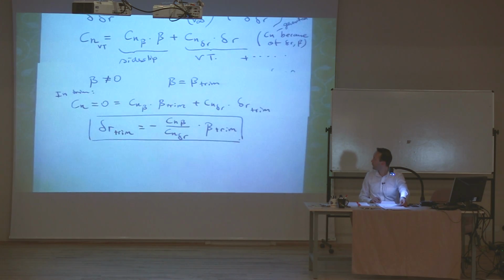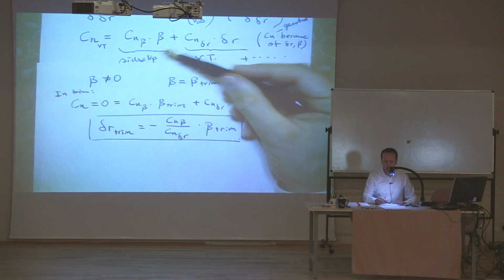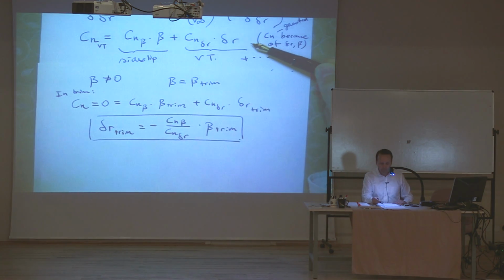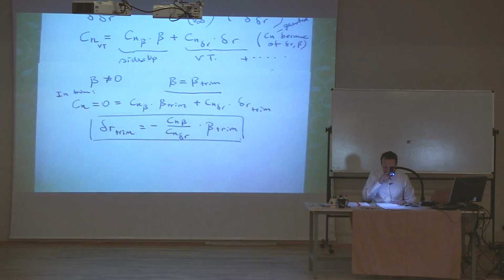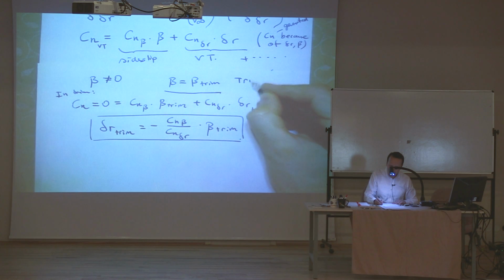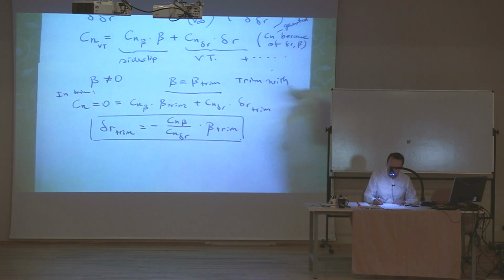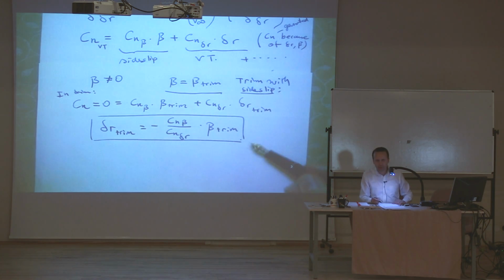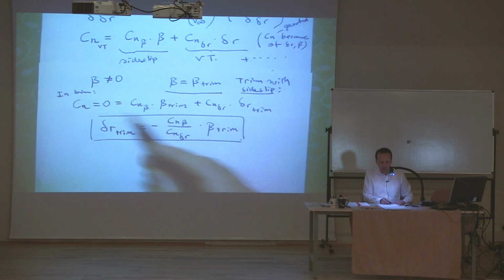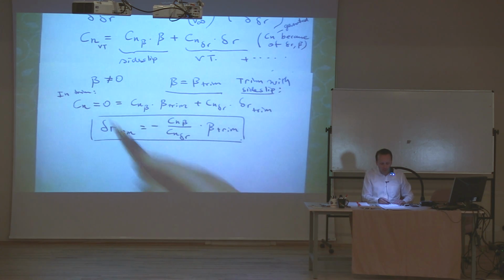If Cn is equal to Cn beta times beta plus and so on, that means that in trim with side slip, the pilot must input this amount of rudder in order to keep it in trim, because only then will this be equal to 0.